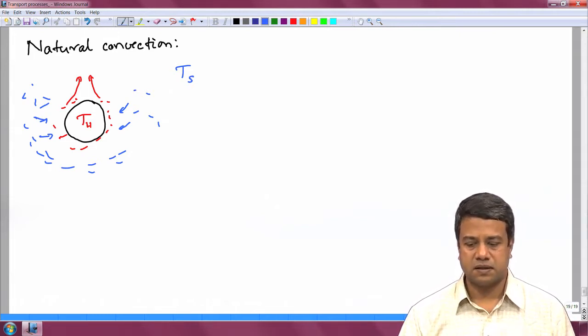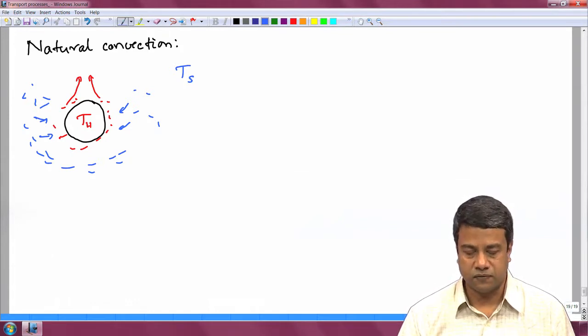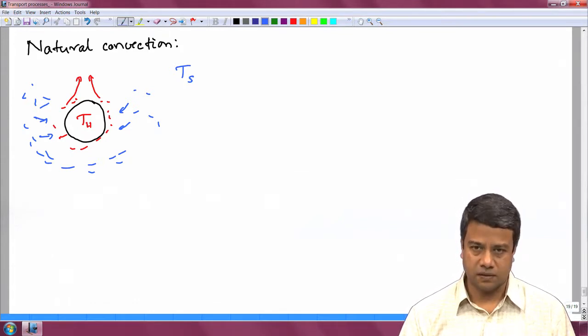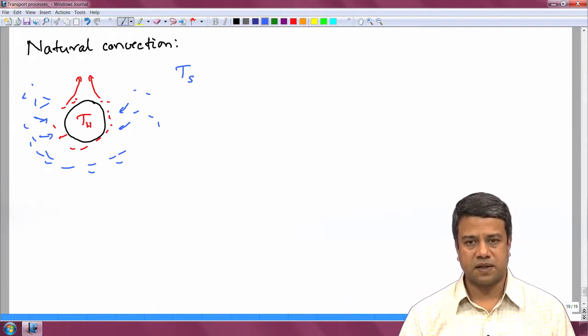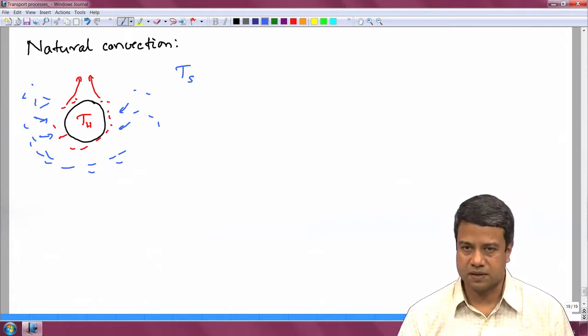So, in a sense, the temperature difference itself is creating a flow which is convecting heat away, and this mechanism of heat transfer could result in significantly higher transport rates in comparison to just thermal conduction.